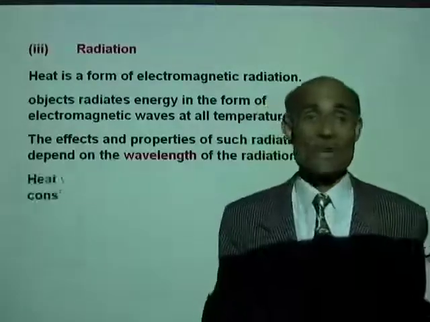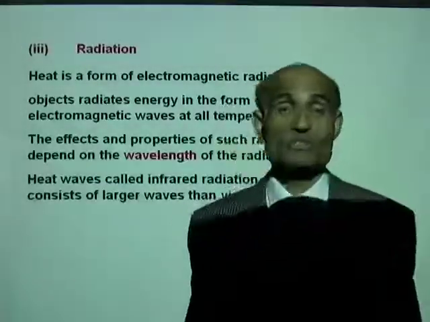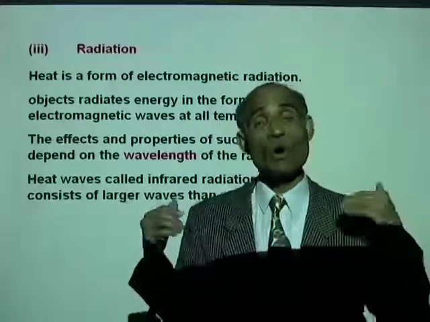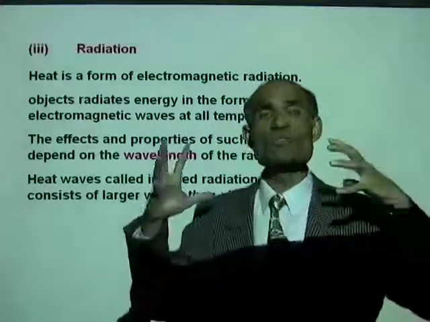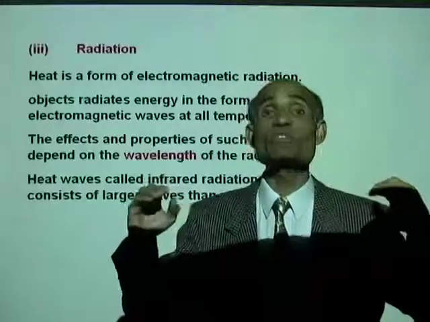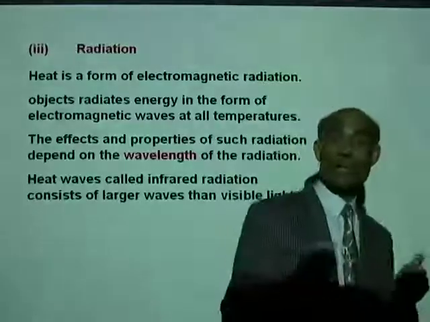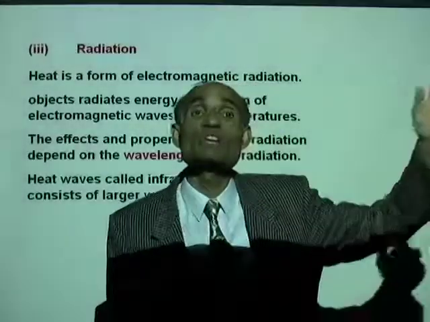Right? Now, one characteristic of these electromagnetic radiations is that all these radiations will travel in free space with the same speed. Now, what is the wave equation we discussed in Unit 1?